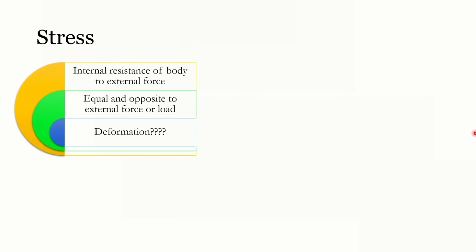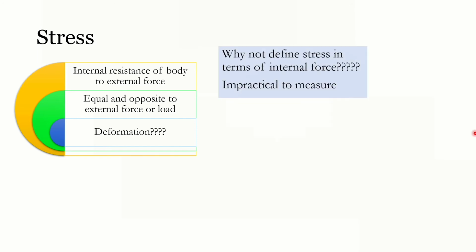A force which is equal and opposite to the external force, that is stress. This can be to such an extent that it will result in the deformation of the molecule on which the force is acting. Now, stress is always defined in terms of an external force.